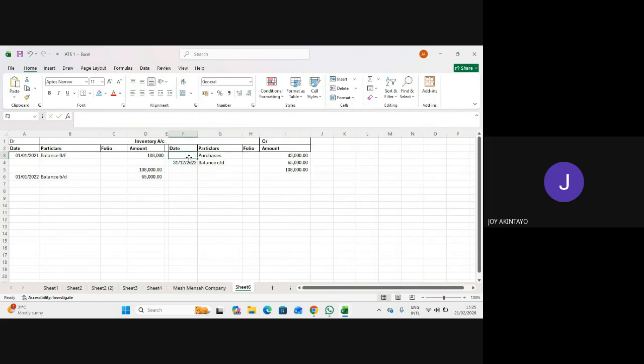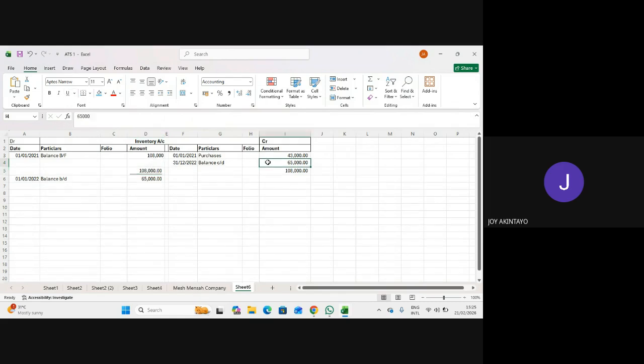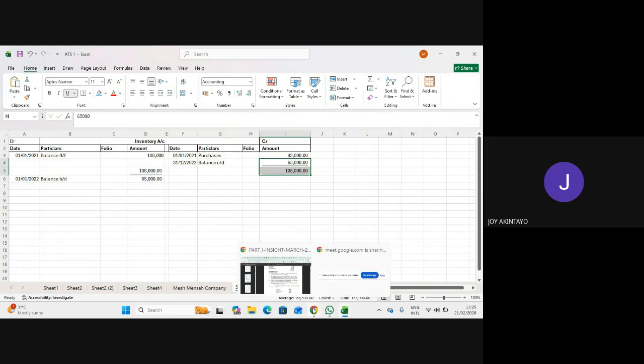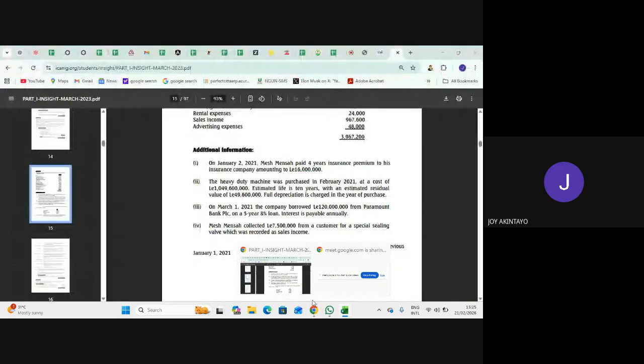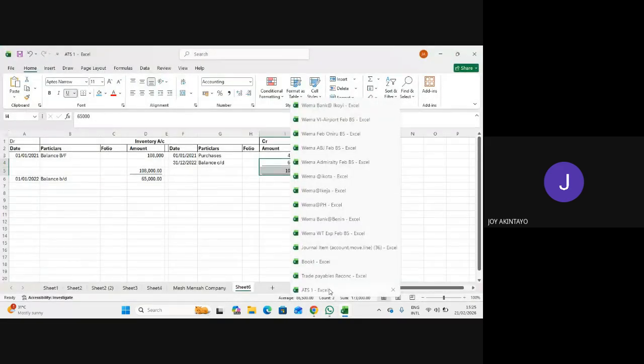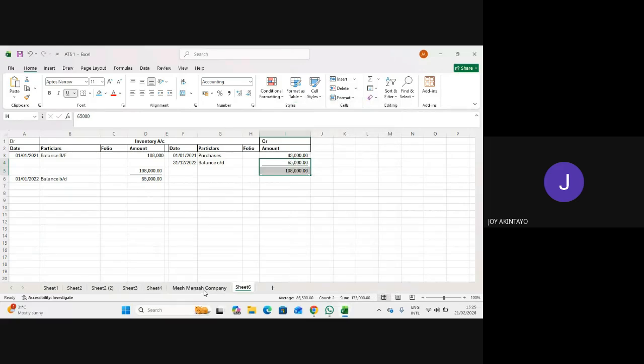Just use any date. You can also use 1/1/21. So what we need to do is, we'll come here.